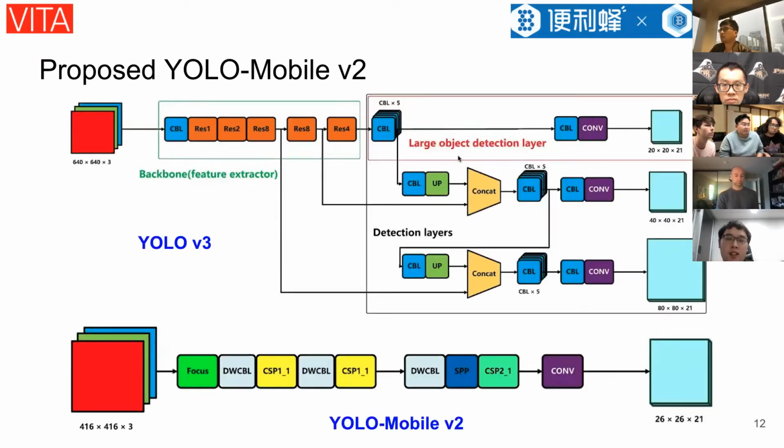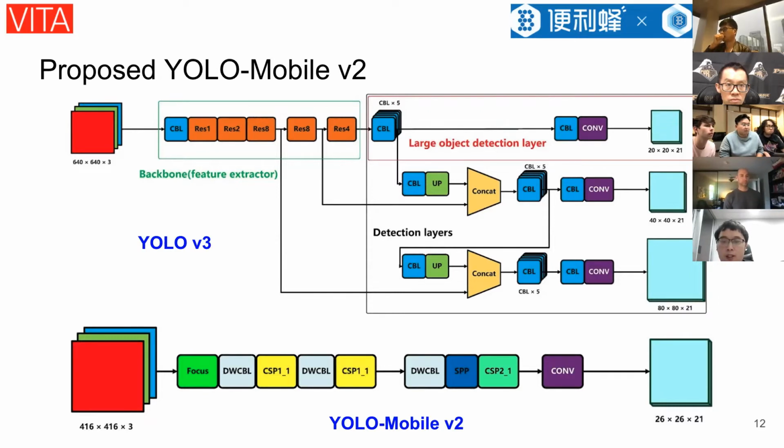We also proposed a second version of the YOLO model. It's a variant of YOLO 3, and we select the large object detection layer as the detection layer for our model. We decrease the convolution stride in the downsample layers to change the large object detection layer to a medium size object detection layer.